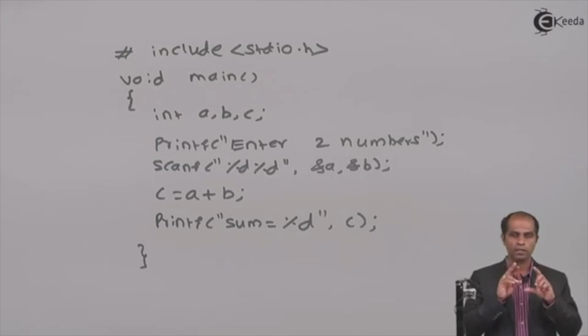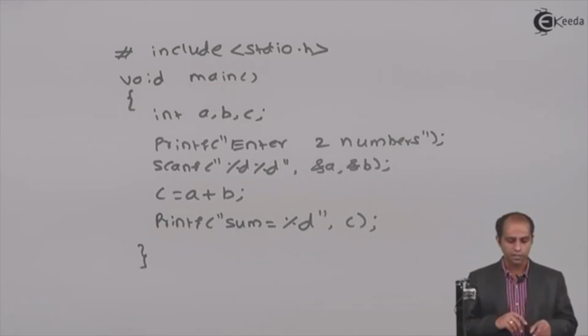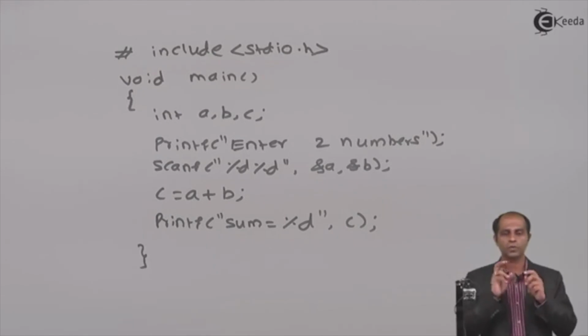There we are going to use commands like Alt F9, Control F9, Alt F5 to see the outputs. Alt F9 is to compile, Control F9 is to execute, and Alt F5 is to switch the screens from program to output and output to program. You can switch the screens.